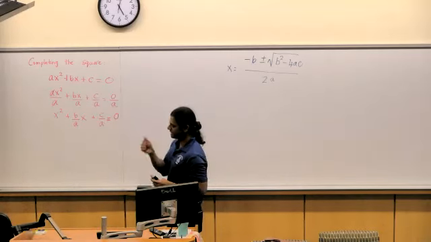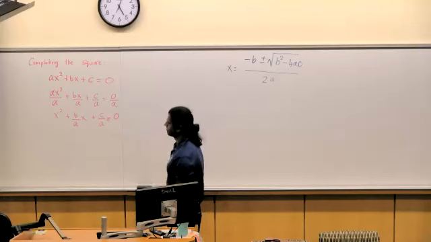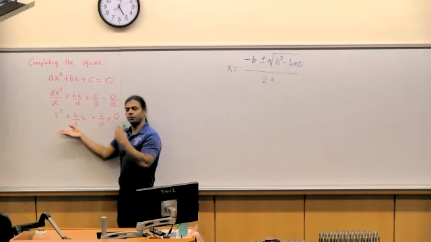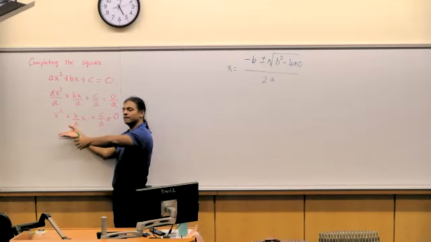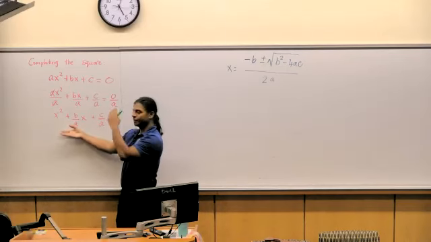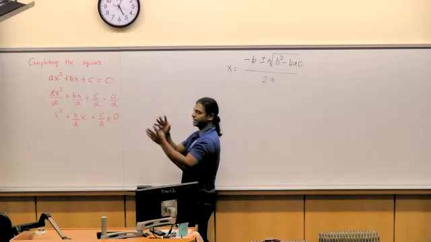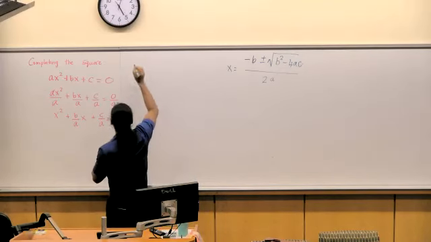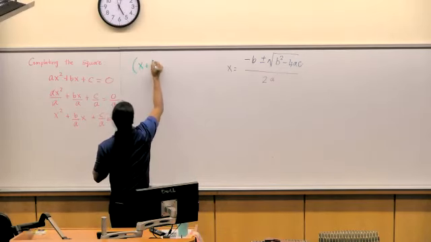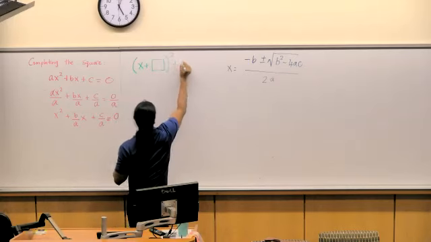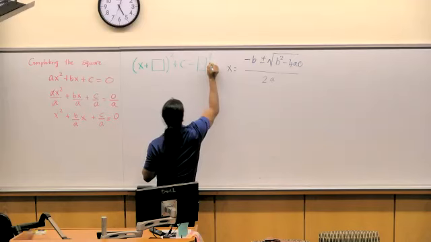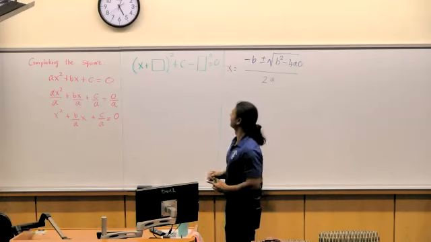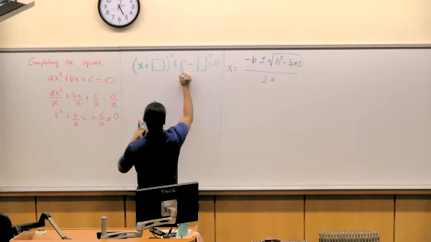What is the objective of completing the square? Completing the square helps us convert this equation, which doesn't have a perfect square on one side and a number on the other side, to the form where we can use the square root property. In order to do that, there is a process, but I'm going to simplify it. I'll tell you what goes in the box.